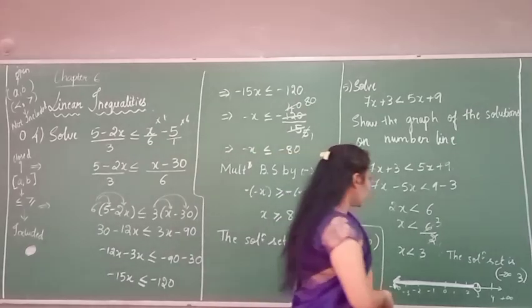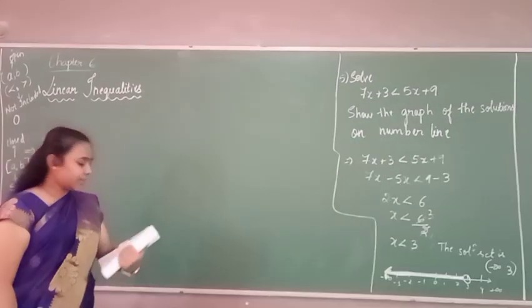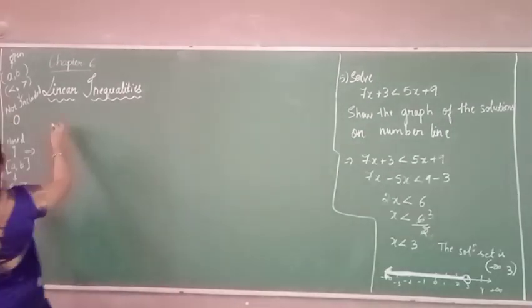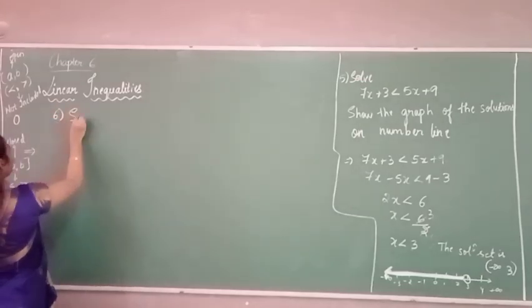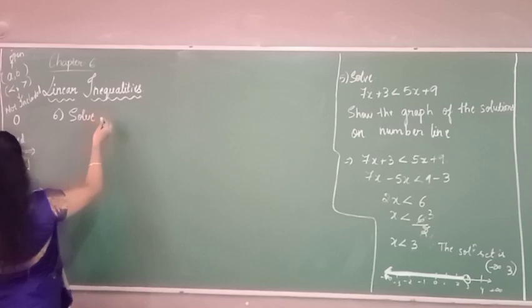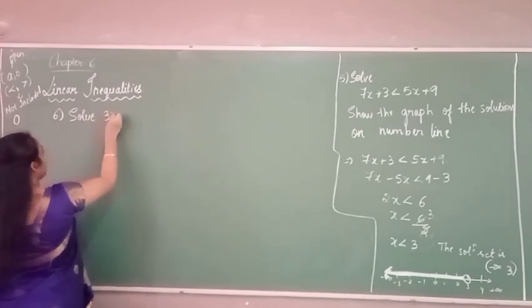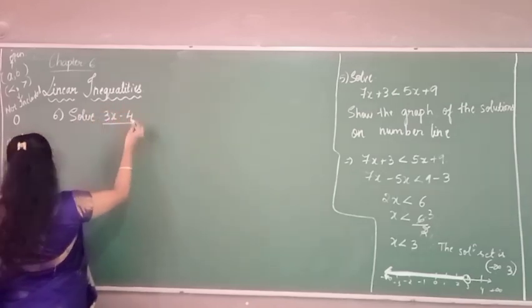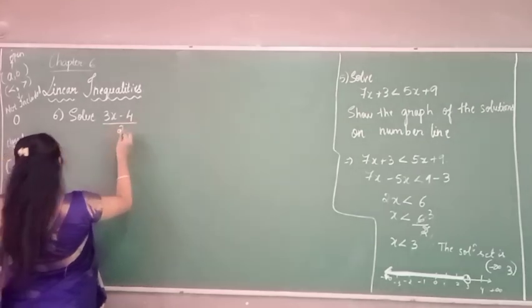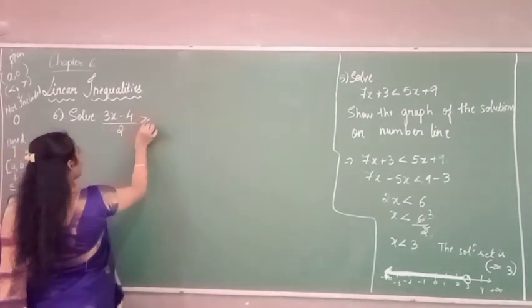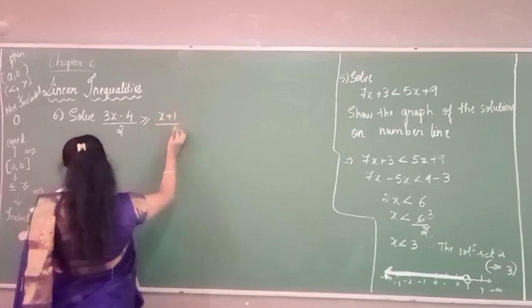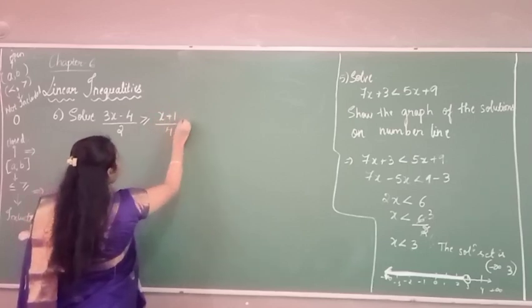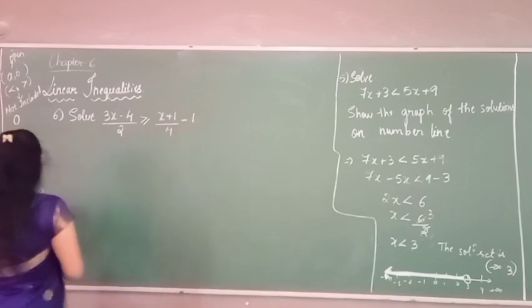So is it clear? This is nothing but the representation of the number line with respect to this question. So let us move on with the next question. Let us solve the solved example 6th one. Solve (3x minus 4) whole divided by 2 greater than or equal to (x plus 1) whole divided by 4 minus 1.